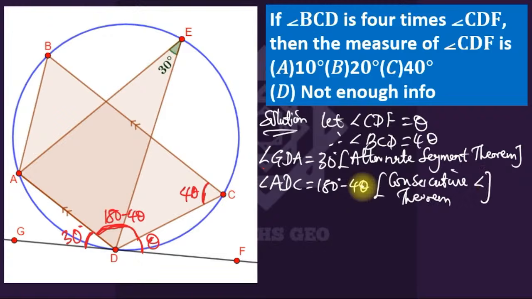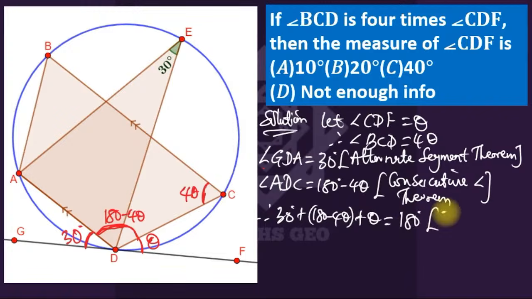So with that, what we are looking for, we can get it. We'll see that if you add 30 degrees, 180 minus 4 theta and theta, it must be 180 degrees based on angle on a straight line.